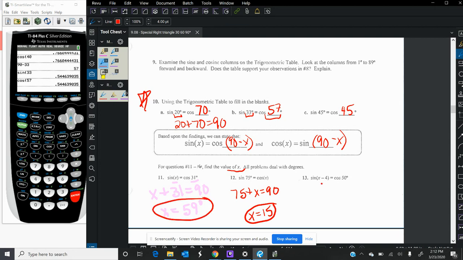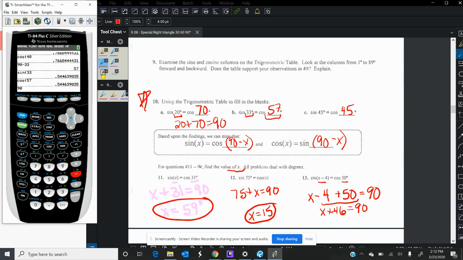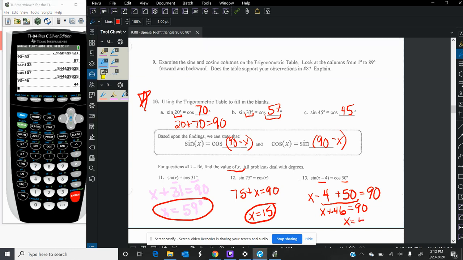And if they give you an expression, again, the best case scenario is to take the x minus 4 plus our 50 equals 90 and solve for x. So we get x plus 46 equals 90. And 90 minus 46, sorry, brain fried this afternoon, x is 44. Because 44 minus 4 would give you 40 here, and 50 there would be the complement.